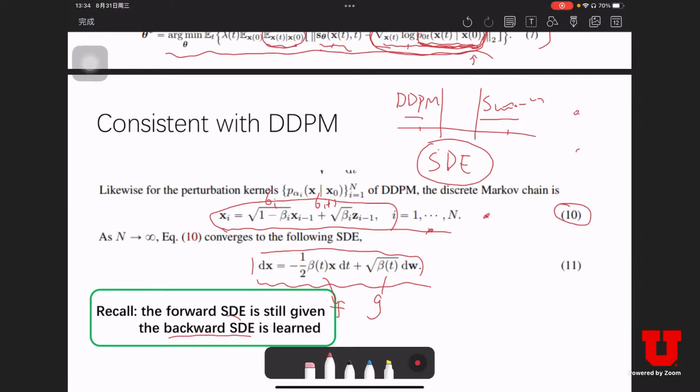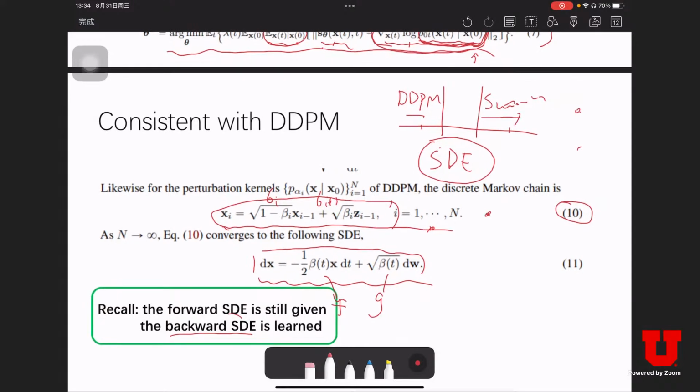That's the reason this paper uses SDE to reformulate the diffusion model. It is a paper with a very great impact. It's not only from discretized to continuous, but also unifies the different diffusion and score models in some form of SDE. That's the main contribution of this paper.